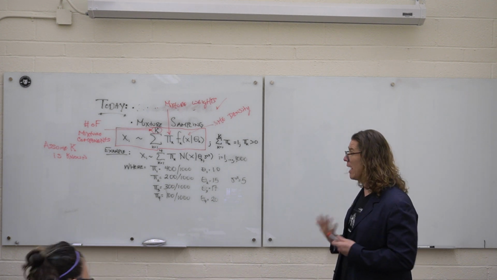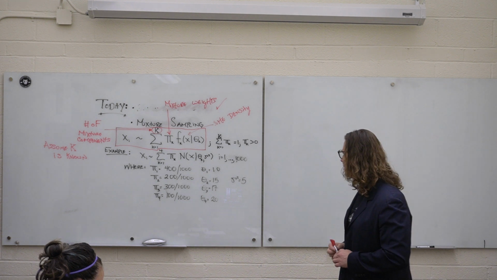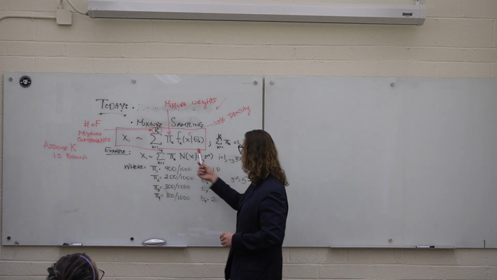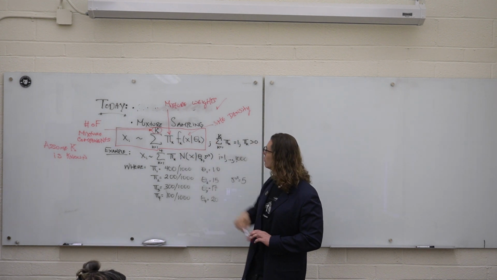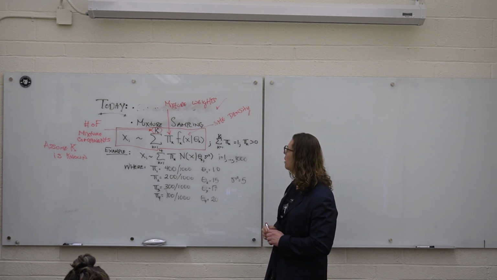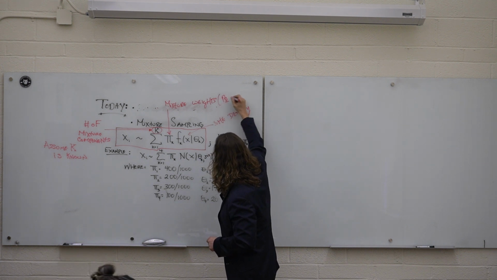We talked about one today, a scale mixture. But this is different from a scale mixture model. I'm mixing over these different components right here. But they're mixture weights. They're really just probabilities. So these are probabilities of being in that mixture component.